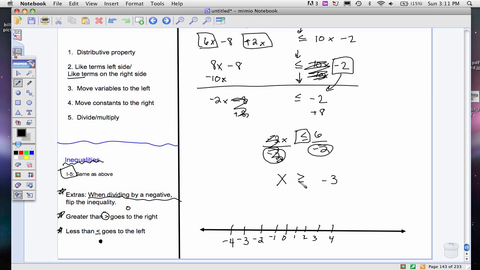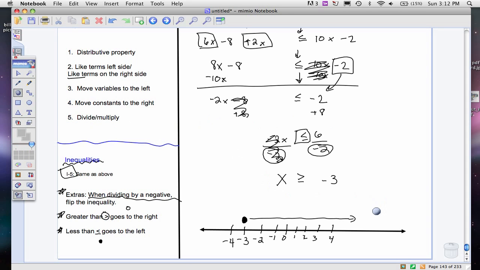If you have the line underneath it, it's going to be a closed circle. That means it's equal to it. So this says greater than or equal to. So at negative 3, we're going to fill in a closed dot. Okay? Now, if we didn't happen to have this, then it would be an open dot. Greater than. So I'm looking for all the values that are greater than negative 3. Those all go to the right.